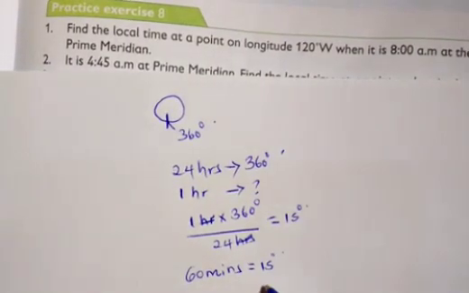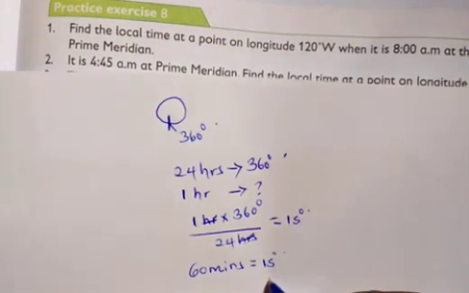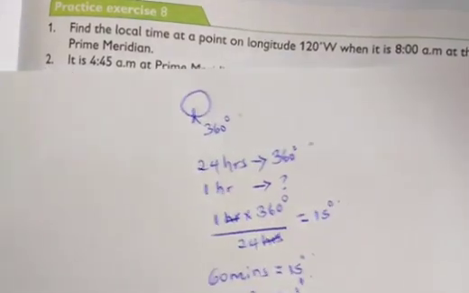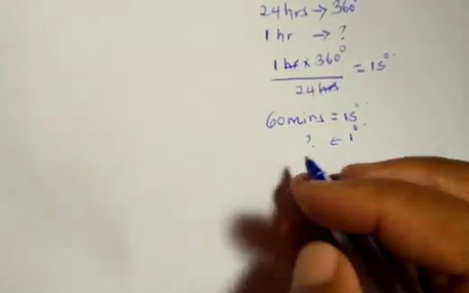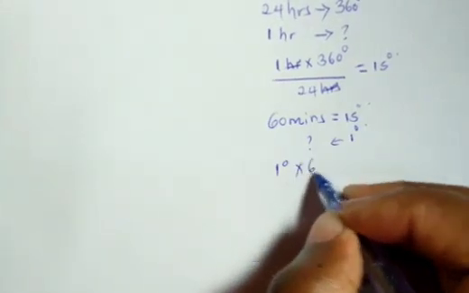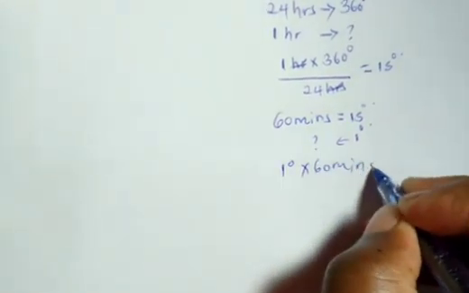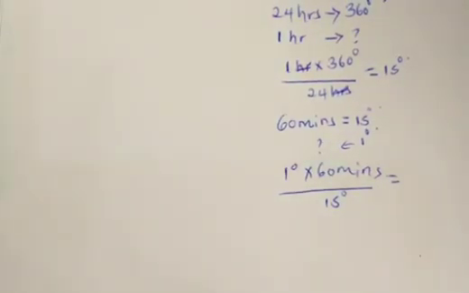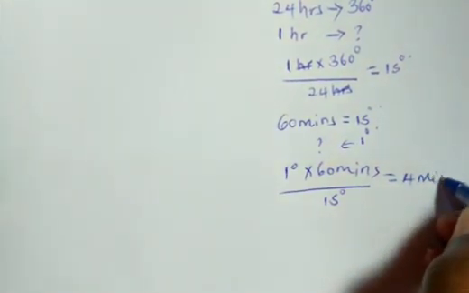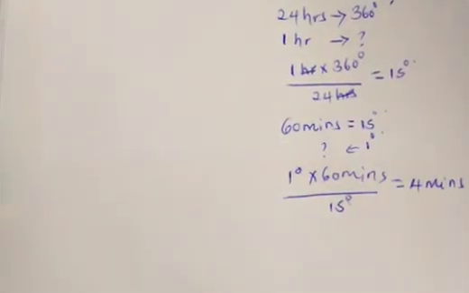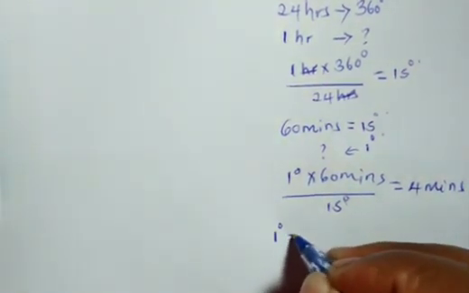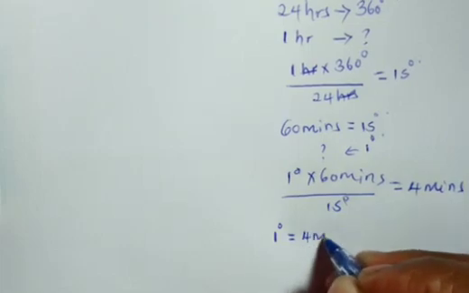So we ask ourselves, 1 degree will be covered in how many minutes? 1 degree times 60 minutes divided by 15 degrees gives us 4 minutes. Degree cancels degree, and we remain with minutes. So we say that 1 degree is covered in 4 minutes.